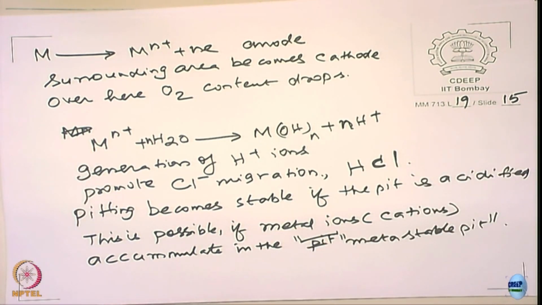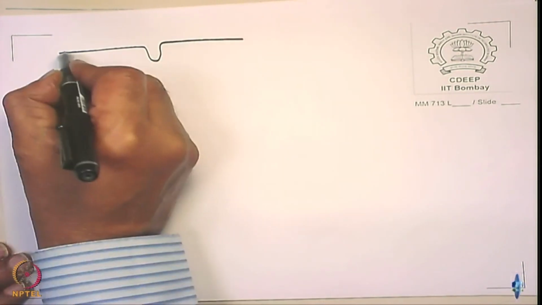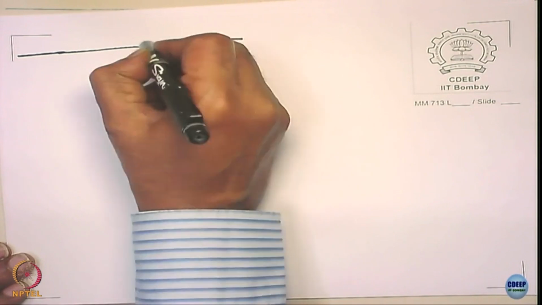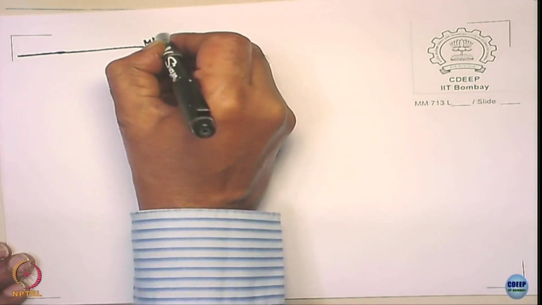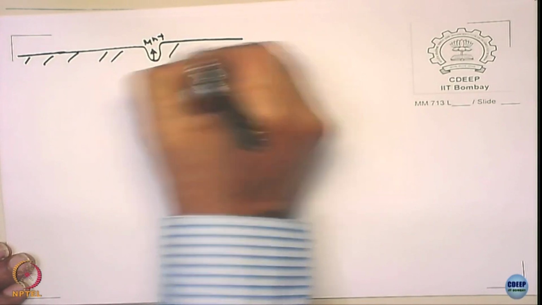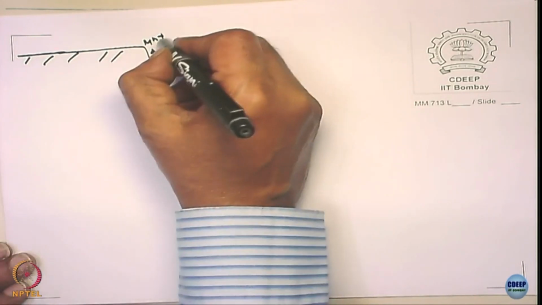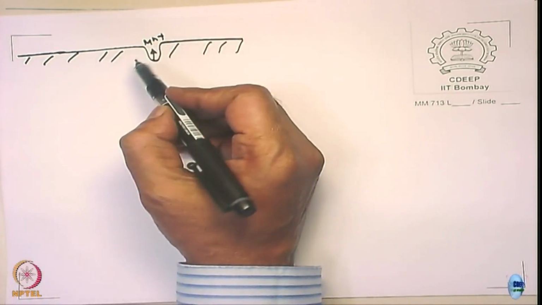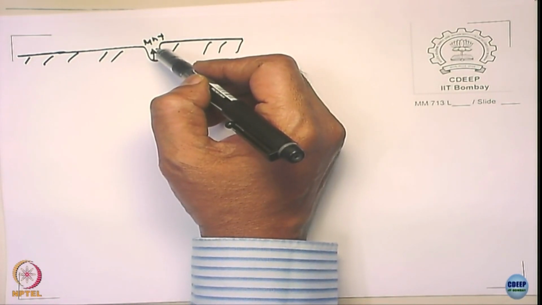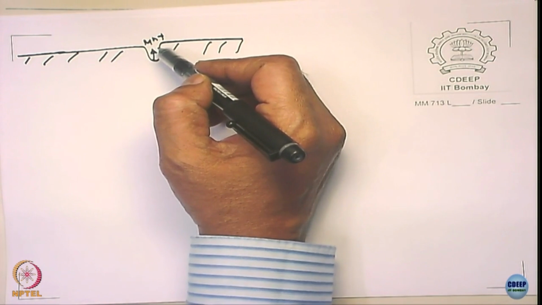I form a pit, you have metal ions, they just go out of the surface, what will happen? Metal ions are formed here, right. Assume that these metal ions do not get accumulated, they just go away from the surface, get into the electrolyte.